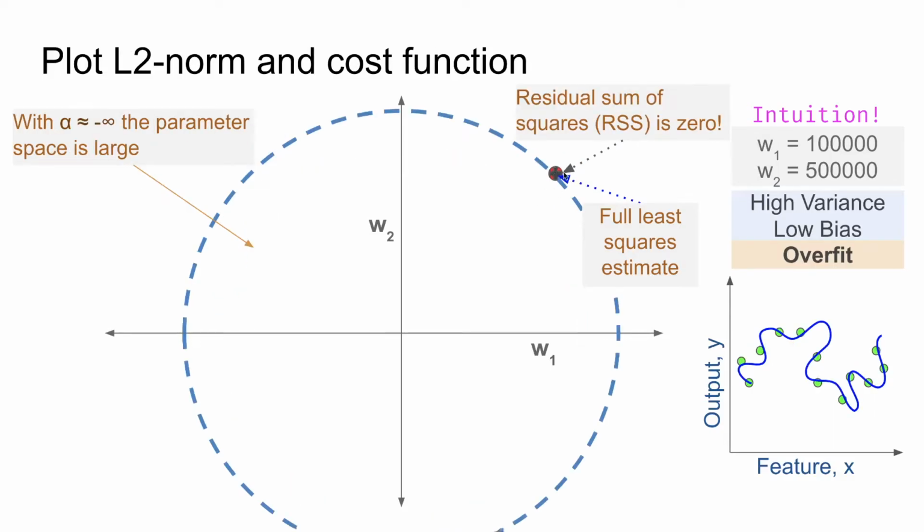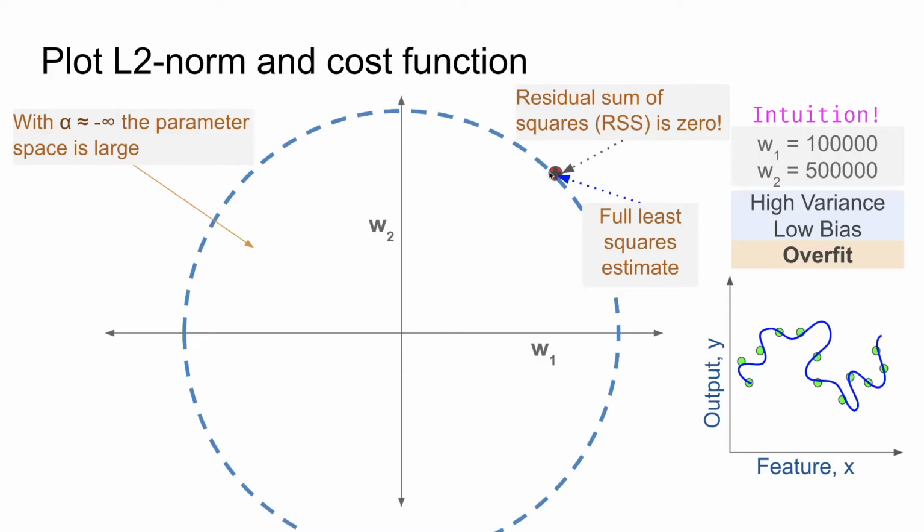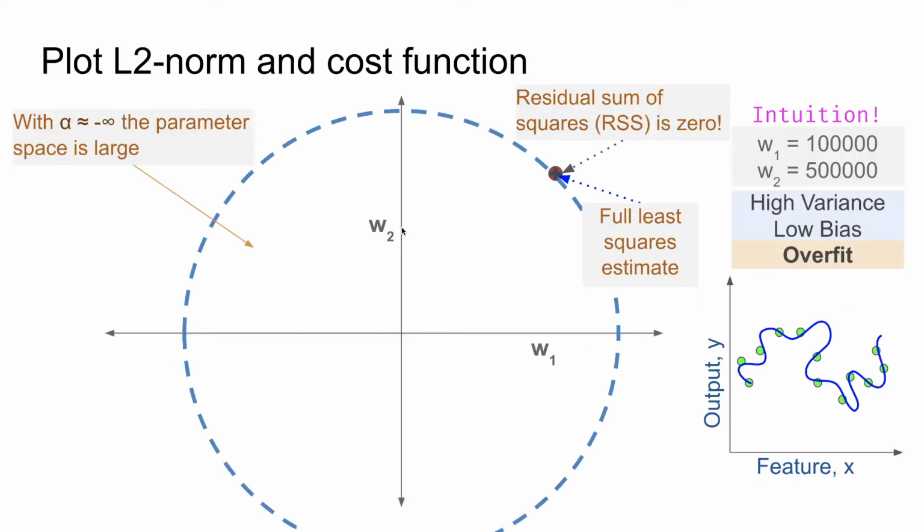For now, it's just a point, and the dotted circle going through that particular point, we can imagine as a case where the alpha value, which is right here in this equation, is very, very small, close to minus infinity.